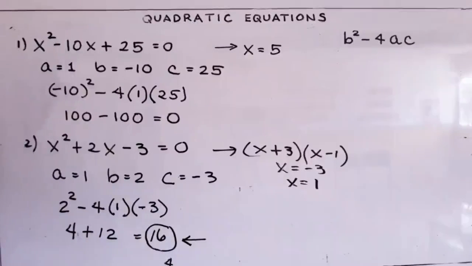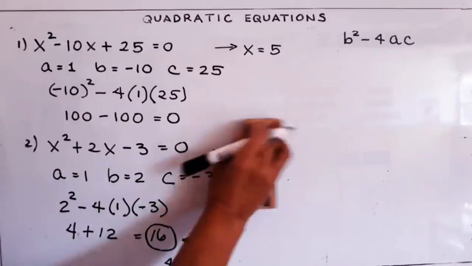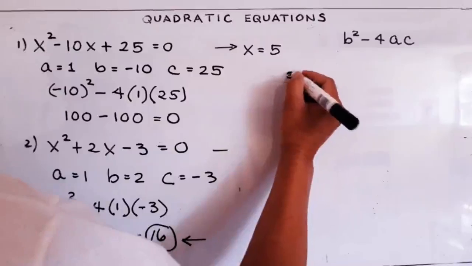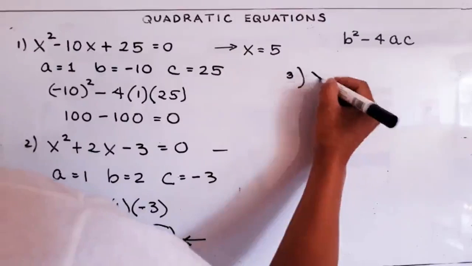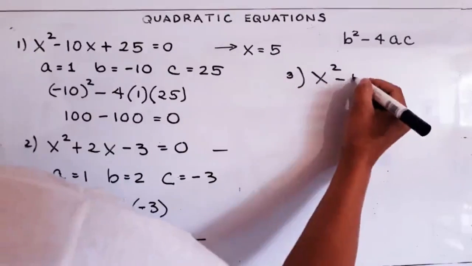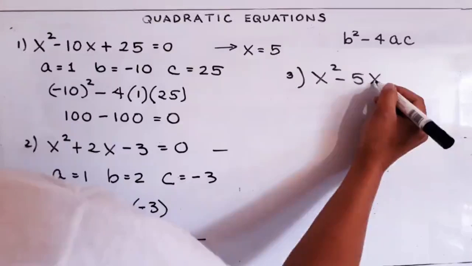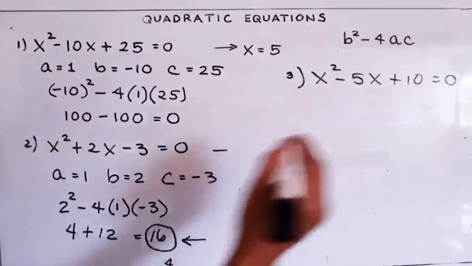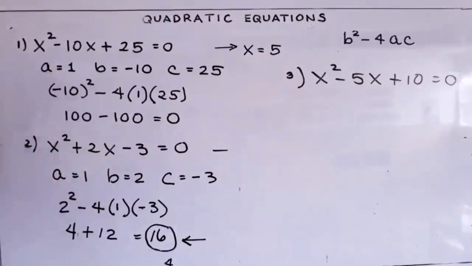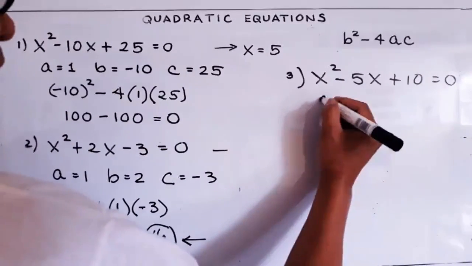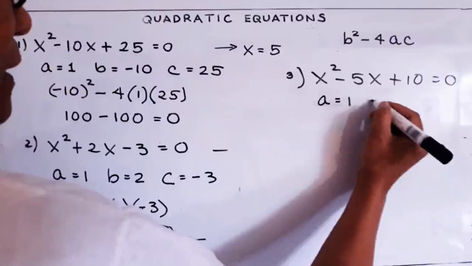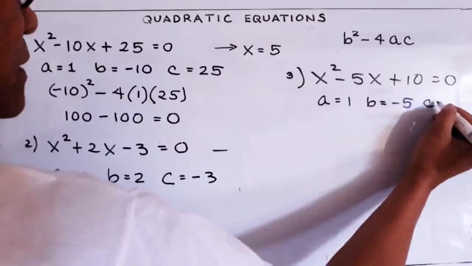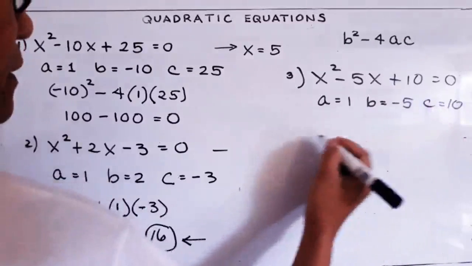Okay, number 3. For number 3, we have x squared minus 5x plus 10 is equal to 0. So what is a here? It is arranged already. a is equal to 1, b is equal to negative 5, and c is equal to 10.